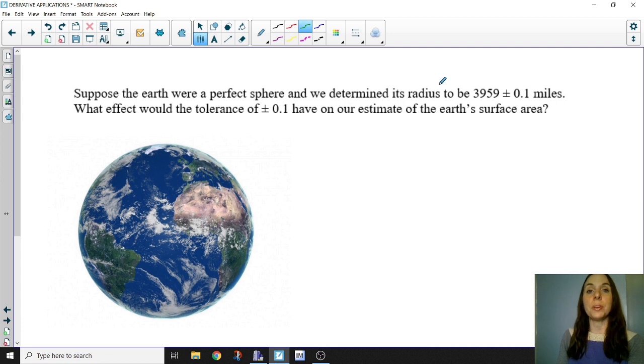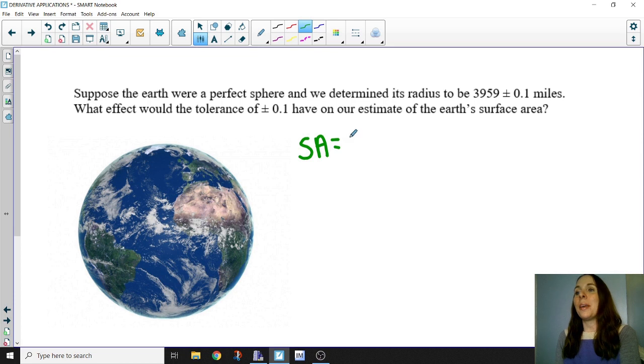I don't think it's really apparent where derivatives are going to come into this problem. But let's just go ahead and do a derivative of the surface area formula of a sphere and see what happens. The surface area formula of a sphere is 4 pi r squared.